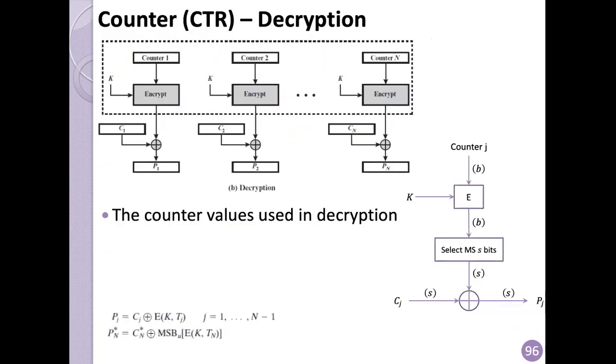And here's the decryption, which is pretty straightforward, similar to output feedback mode. Again, we get the counter, we again encrypt it. There is no decryption process, although we are doing decryption, but we don't need to do the decryption. Again, we get the counter, we encrypt it, and any number of bits that we need, we just take it and we XOR with the ciphertext.